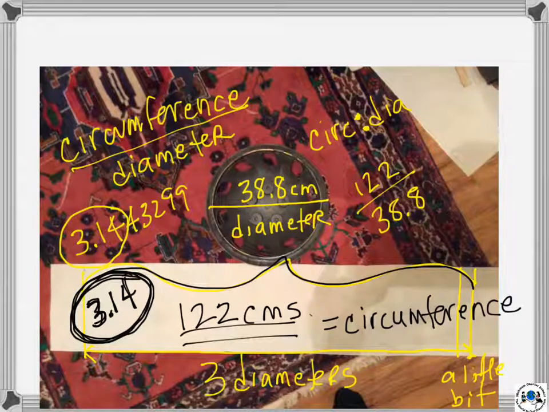Which means that for every measure of diameter, you have 3.14 times that measure in circumference. So you can get any diameter at all.